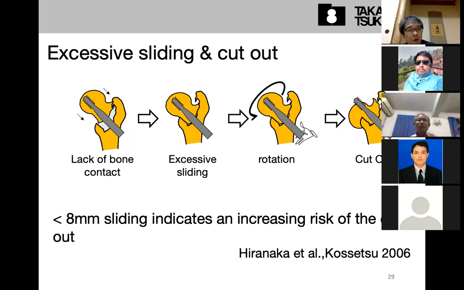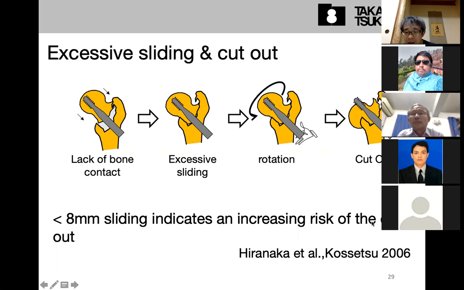If it is more than 8 millimeter, the patient must be careful because some patients can have the cutout. Such patients we should keep in mind to follow up. Otherwise, sometimes the patient comes back due to the cutout.